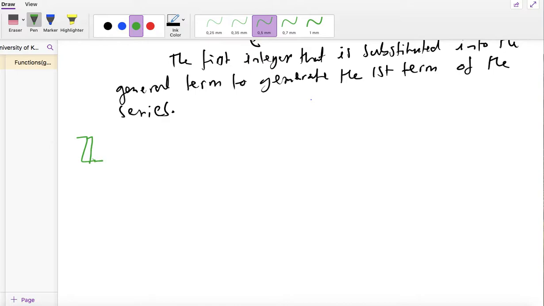Remember, set is the collection of objects. It's the set of all the positive and negative whole numbers, including 0. So I'll repeat that. The integers are the set of all the positive and negative whole numbers, including 0. So it'll be like -3, -2, -1, 0, 1, 2, 3, etc.